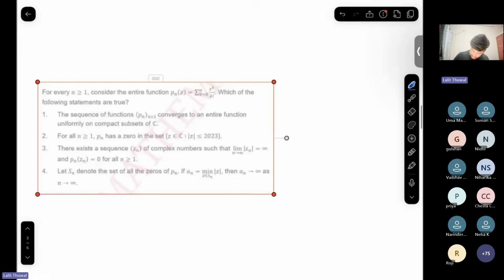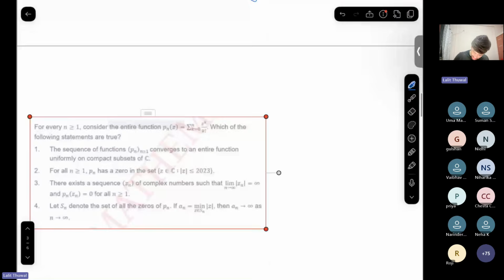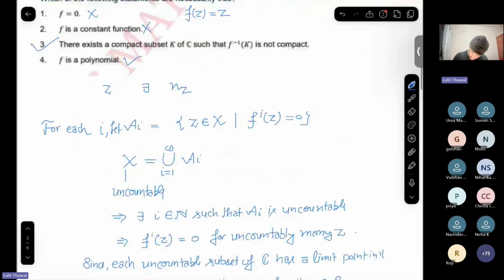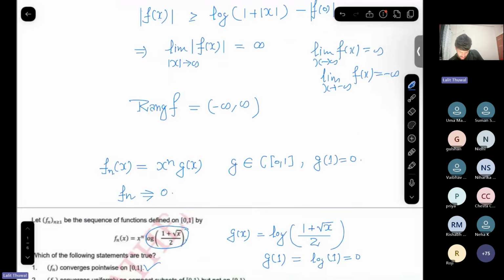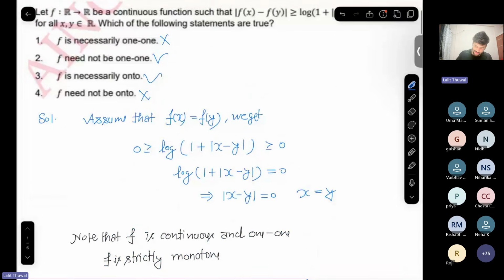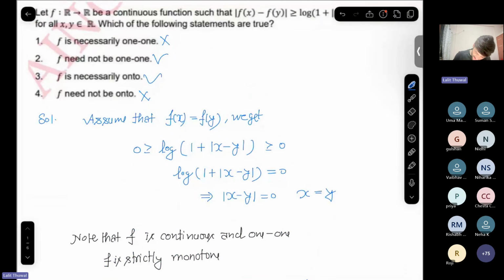Sir, do you have some answer to this question? Is the third option true, sir? No, this will be false because proper polynomial maps always have compact inverse images. Sorry, I thought that. And sir, in the first question, did you tick the options wrong? The first one had come out as 1-1, right? Yes. So it might happen.